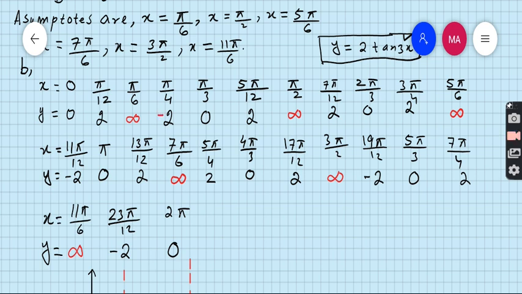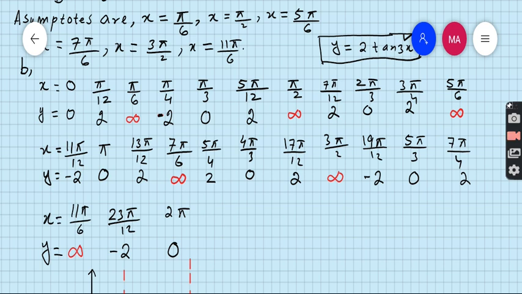This value is minus 2, not positive 2. So this is a mistake. 2 tan 3x, x is pi by 4. It gives minus 2. Okay. So pi by 4 gives minus 2.